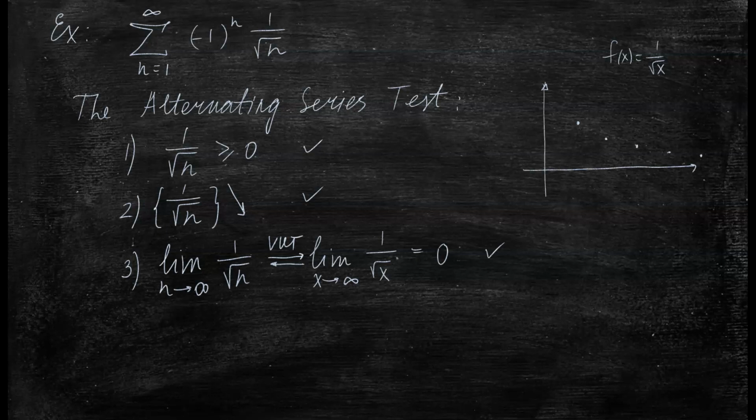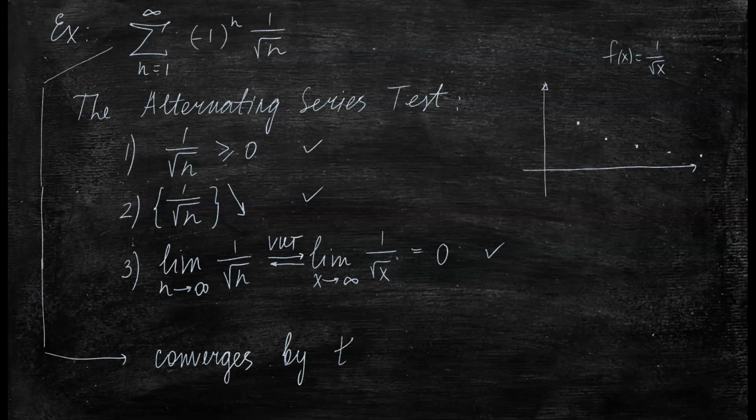So the final conclusion is that this original series converges, and it converges by the alternating series test. Instead of spelling it out, I'm just going to use this abbreviation, AST, the alternating series test.